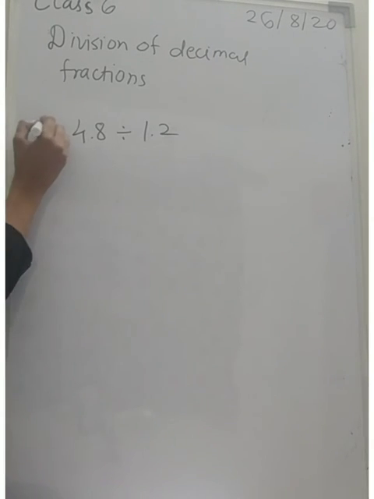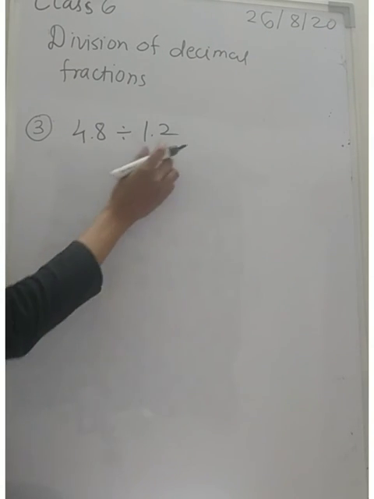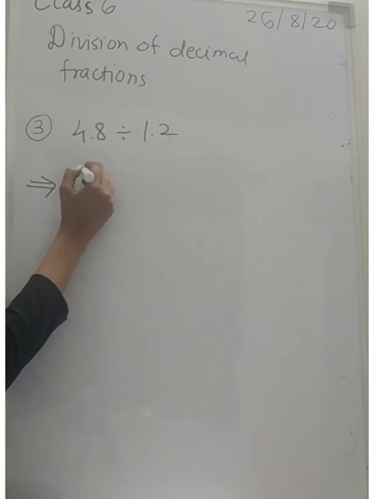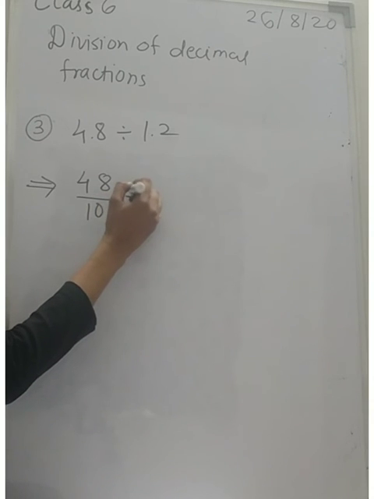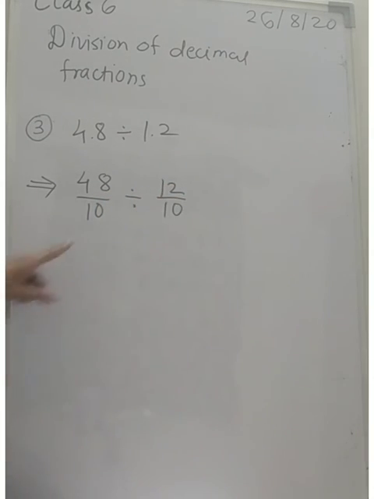Now the third question is 4.8 divided by 1.2. Now this is also having a decimal point. So let's convert them into common fractions. Divided by 12 upon 10. Okay, because this is having one digit after the decimal point.